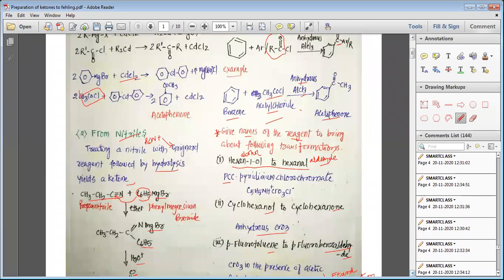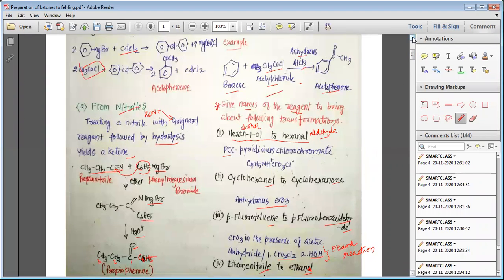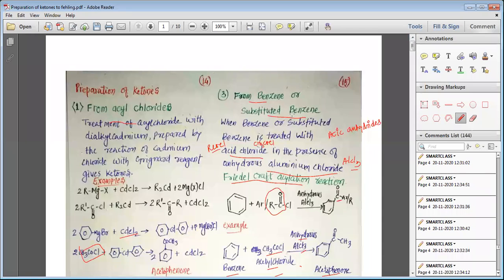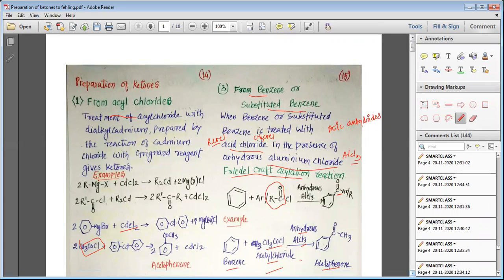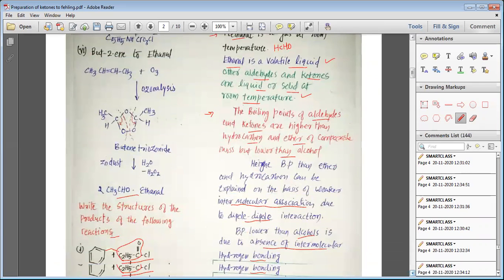From nitriles in the presence of a Grignard reagent, we get a complex which on hydrolysis gives the aldehyde or ketone. In the same way, we have studied the preparation of ketone from benzene by Friedel-Crafts acylation. Benzene reacts with an acyl chloride or acetic anhydride in the presence of anhydrous AlCl3 to give us the ketone of our desire.